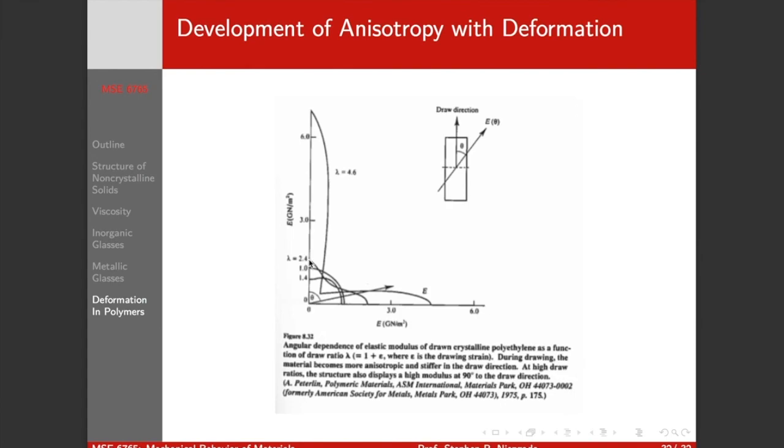By the time we're at 2.4, we've exceeded the original along the drawing direction and the perpendicular direction, but at a 45-degree angle, we're significantly weaker than where we started. Then by the time we get out to 4.6, we've got a lot more stiffness along the drawing and perpendicular direction, but a lot weaker at 45.